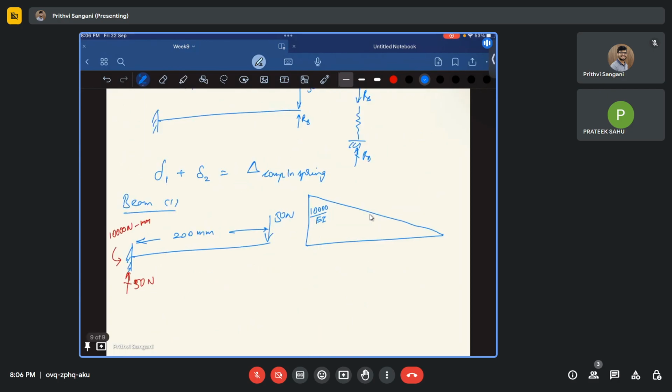Now delta 1 is going to be half times the 10,000 by EI times 200 times 2/3 of 200.